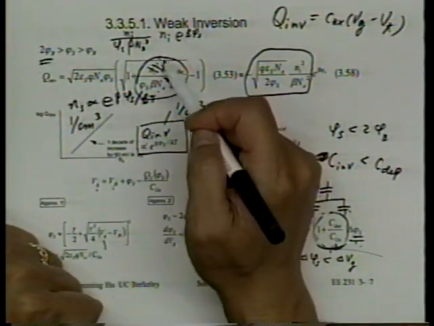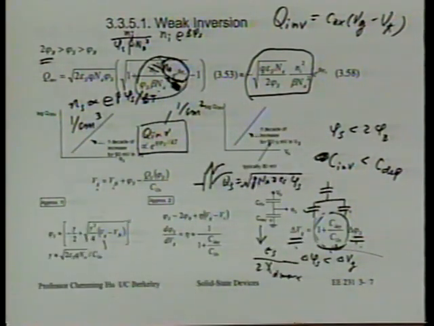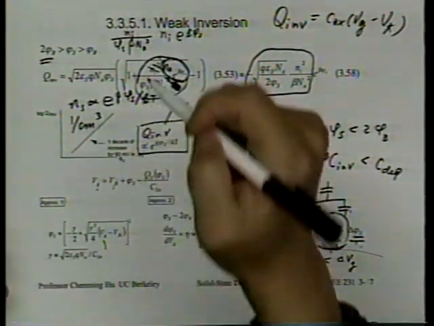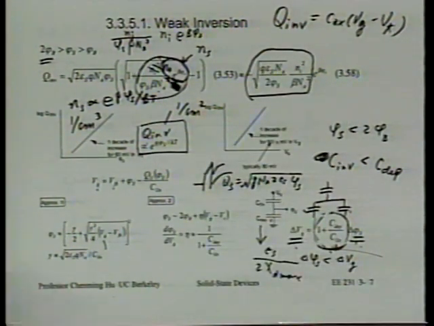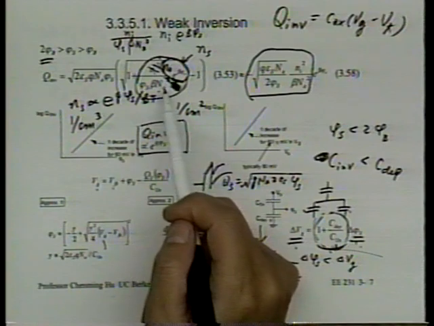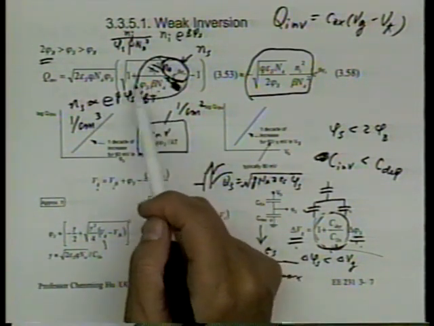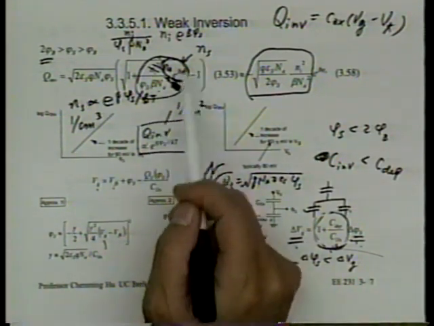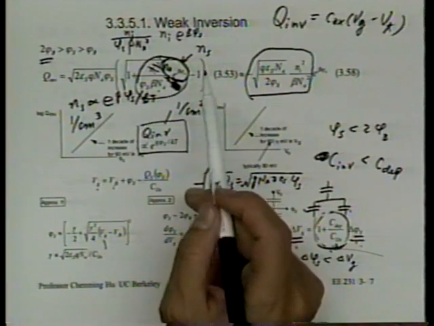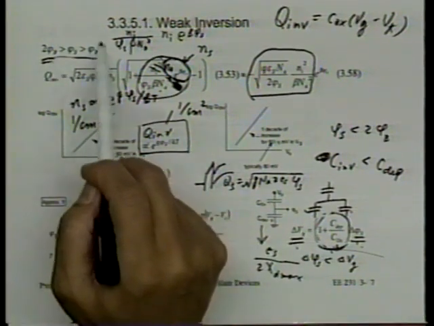And N naught times this exponential term is what? What's the physical meaning? N naught times this band bending is the surface electron concentration. So is the surface electron concentration much larger than Na or much smaller than Na? I'm sure you will be able to find it's a factor of 10 or something like that, but these can be orders of magnitude different, right? So let's figure out: is Ns much larger than Na or much smaller than Na, given this range?